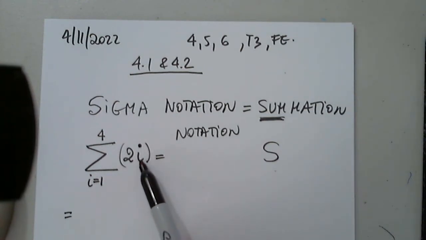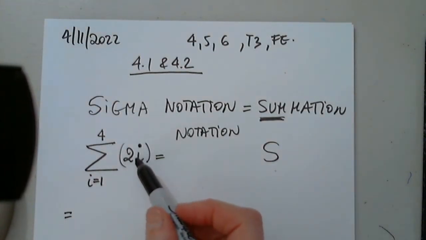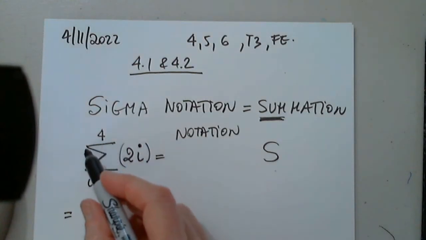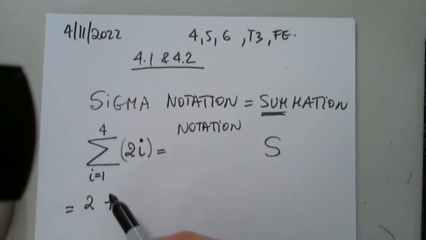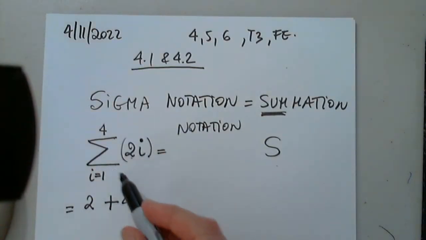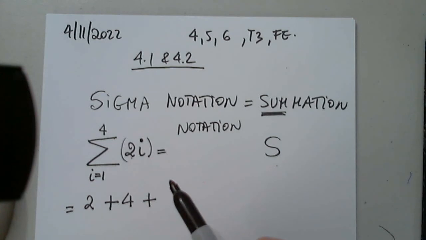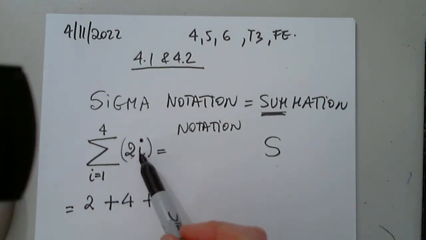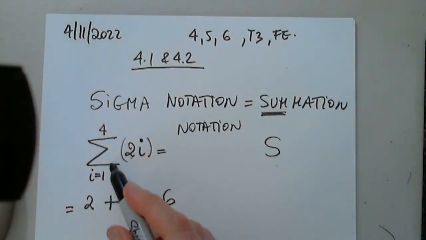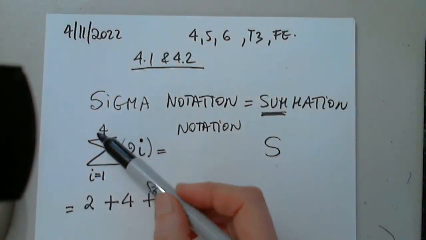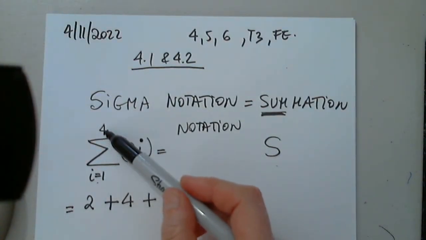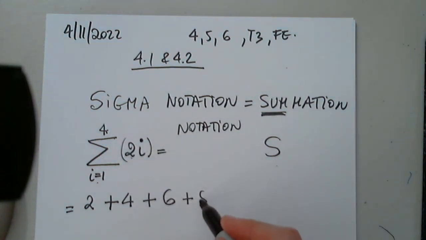When i is 1, I have 2 times 1, which is 2. The sum says plus. When i is 2, I have 2 times 2, which is 4. The sum says plus. When i is 3, I have 2 times 3, which is 6. The sum says plus, and I have to end with 4. When i is 4, I have 8.